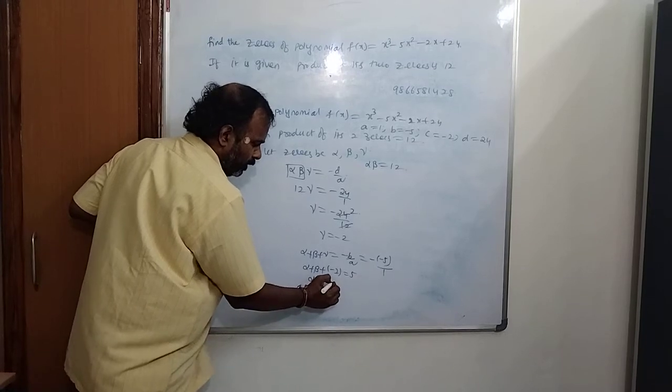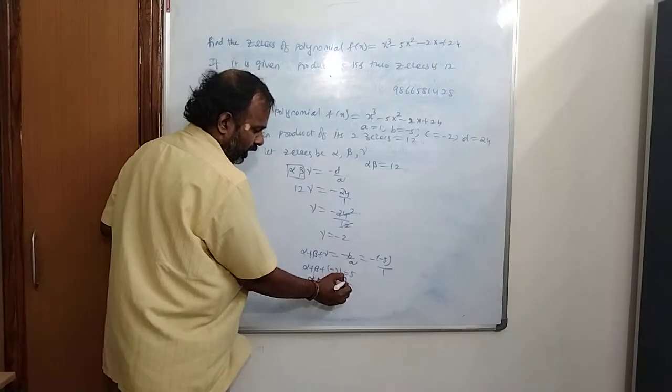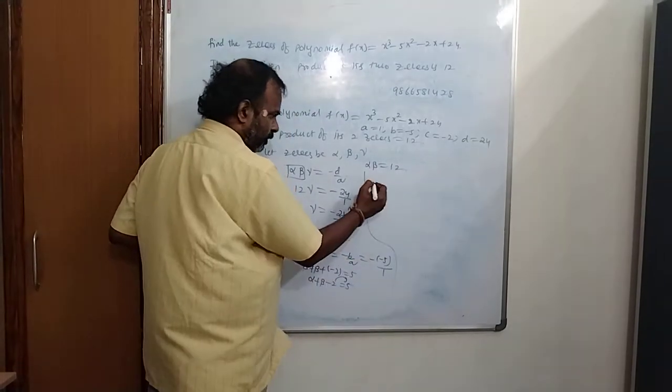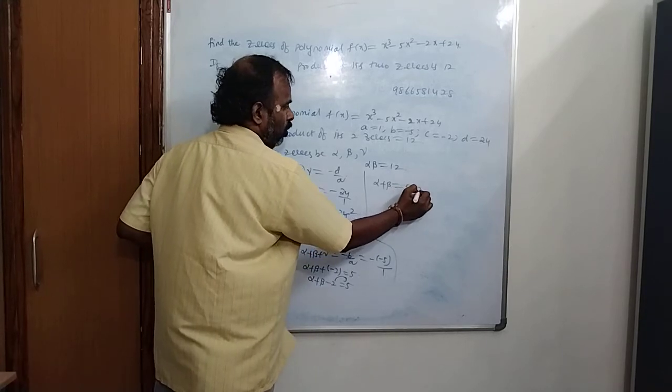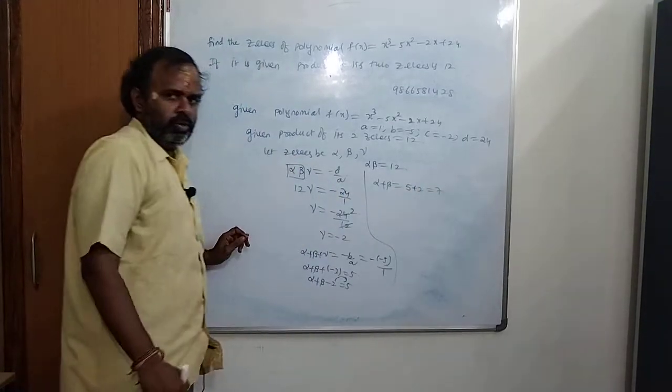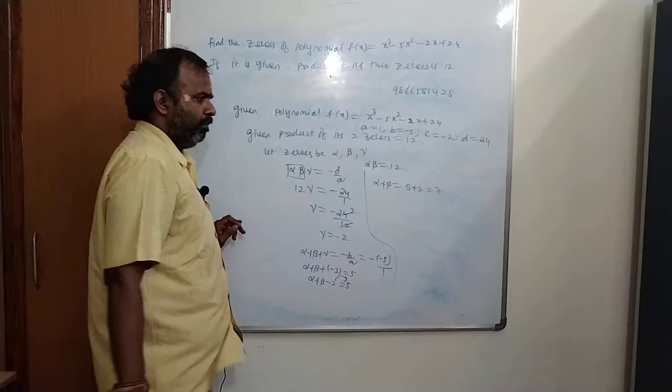So alpha plus beta minus 2 is equal to 5. Take this minus 2 to the other side. Alpha plus beta is equal to 5 plus 2, is equal to 7. Now we have to find alpha and beta.